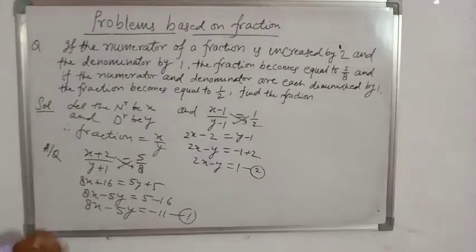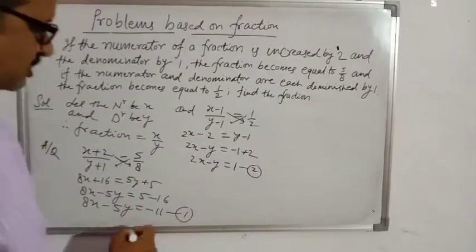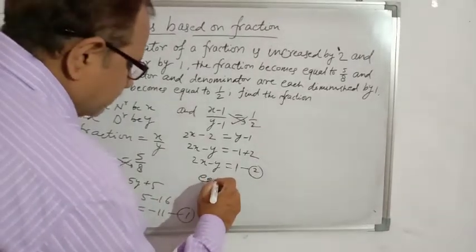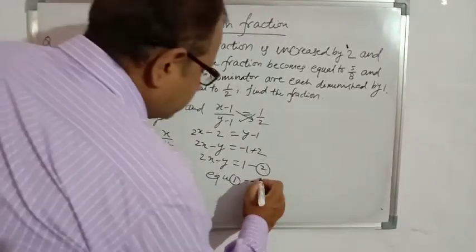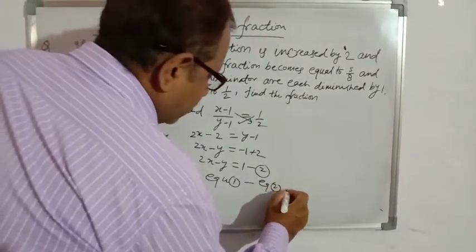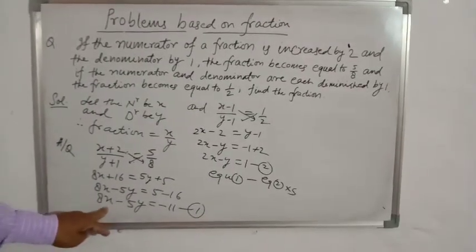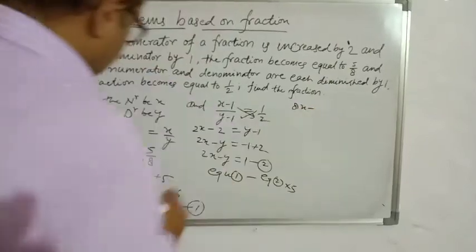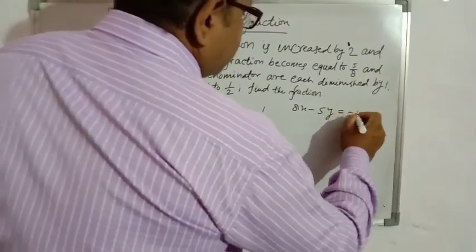So how will we solve it? By the elimination method we can do. So equation 1 minus equation 2 multiplied by 5. Equation 1 is this one, 8x minus 5y is equal to minus 11.